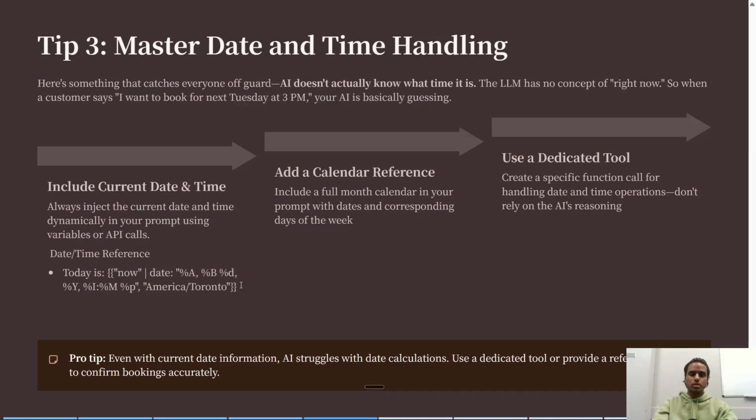But the problem with this is the prompt length increases. If your prompt length is smaller, you can do this. But let's say you already have a bigger prompt, and there are a lot of instructions and tasks for the AI agent to do. Including this will bloat the prompt, and the AI may hallucinate. So that's a problem. The other thing that you can do is use a dedicated tool.